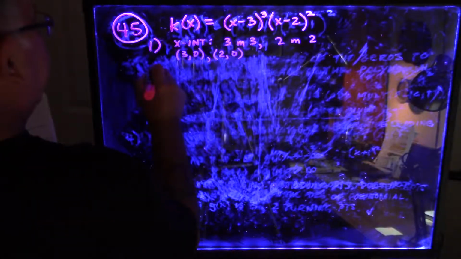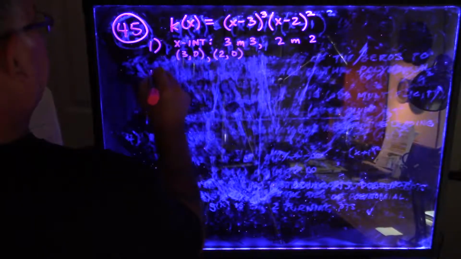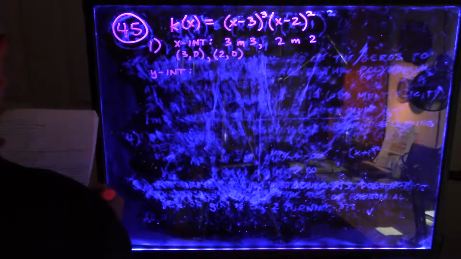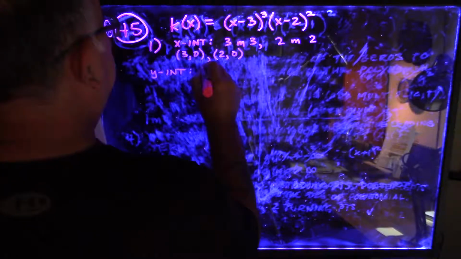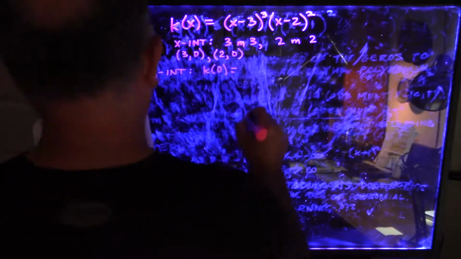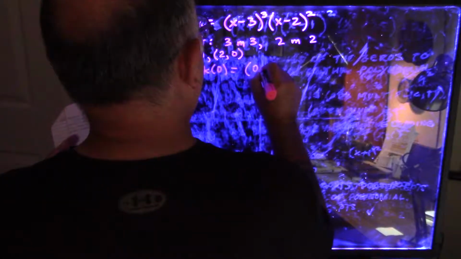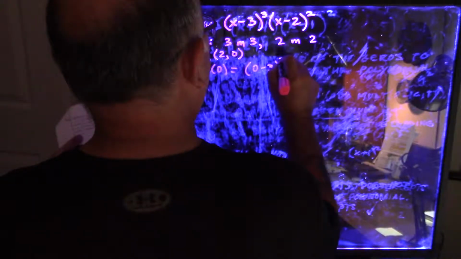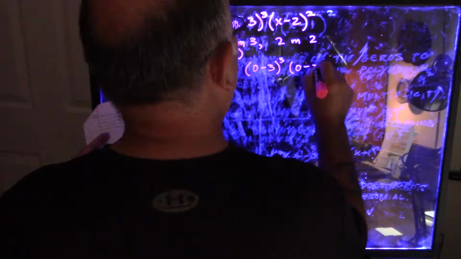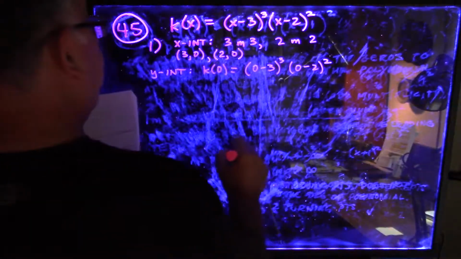The y-intercept, okay, there we go. Alright, so k of 0 is going to equal 0 minus 3 quantity cubed times 0 minus 2 quantity squared.